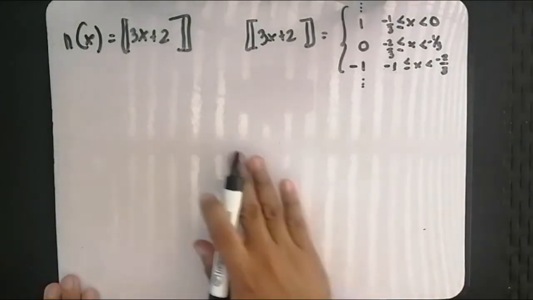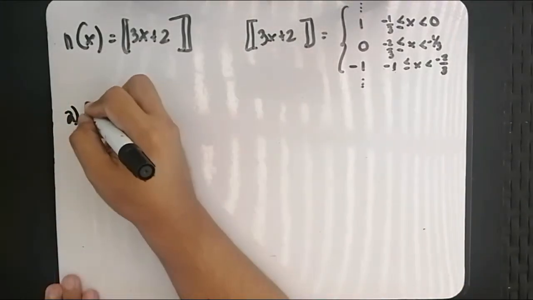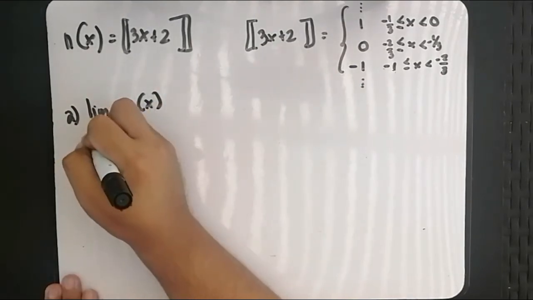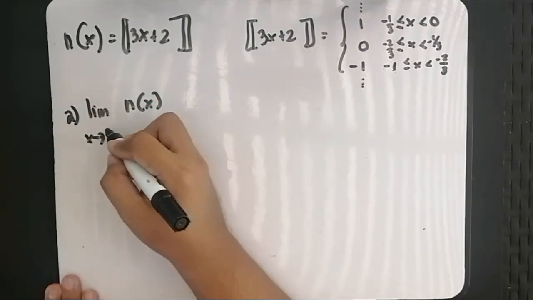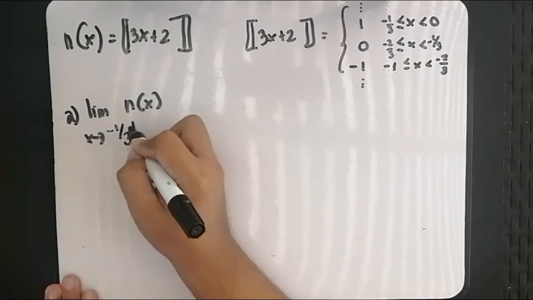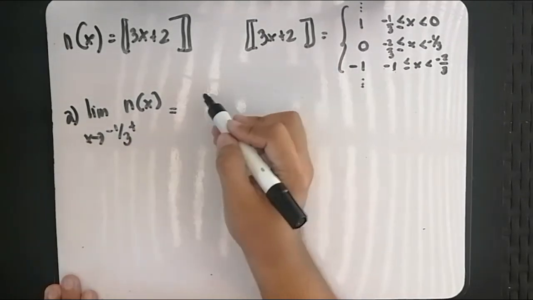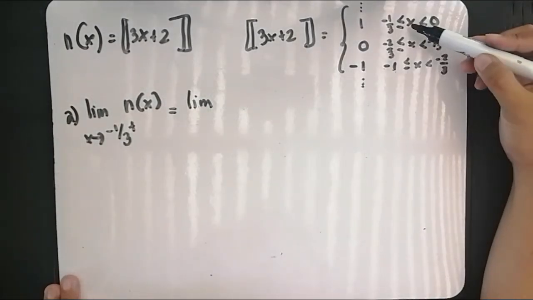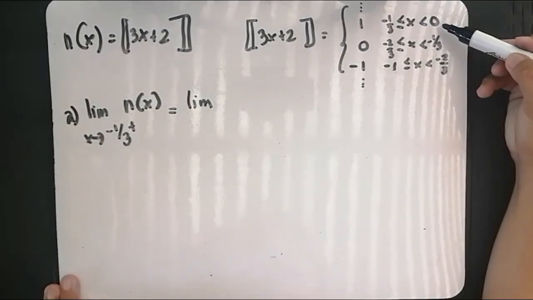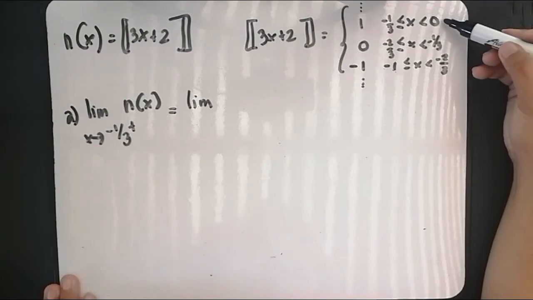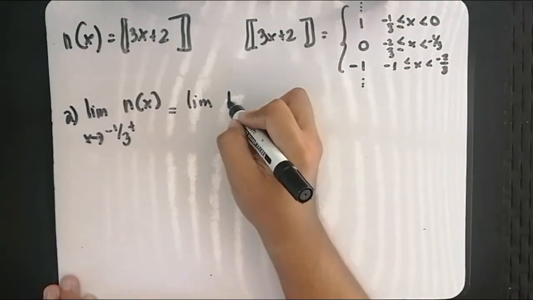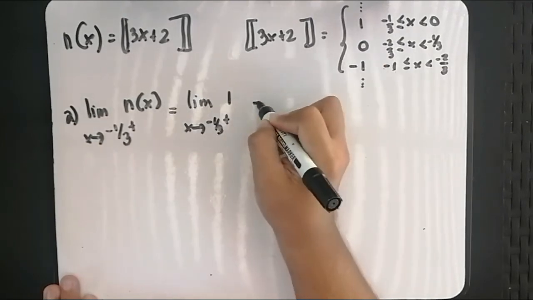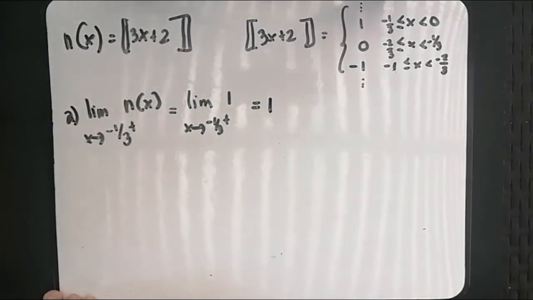So going back to our function, we wish to find the limit of n of x as x approaches negative 1/3 from the right. So hanapin lang natin alin yung limit na yon. So x is from the right, greater than dapat. So ito yon, 1. As x approaches negative 1/3 from the right, the limit of the constant is 1.